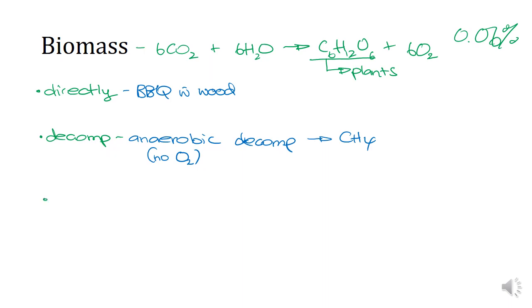Another way we can use biomass as a source for energy is by fermentation. So fermentation is where I take C6H12O6 and I convert that into C2H5OH. So I'm making ethanol.